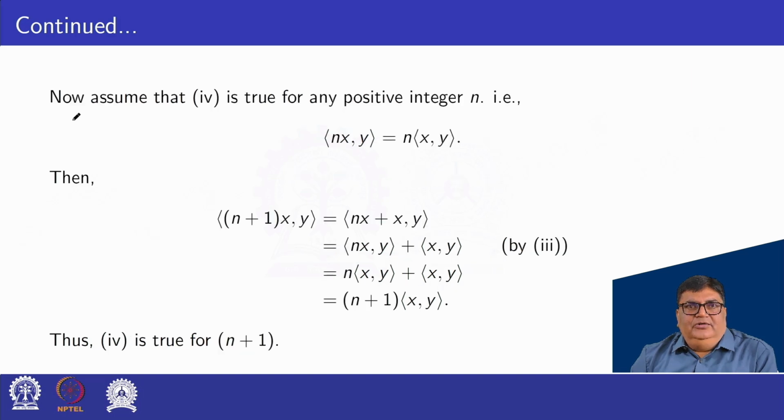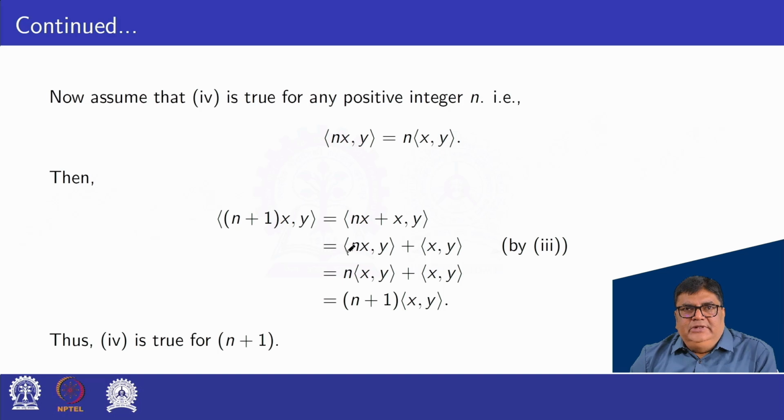Okay. Now assume that the fourth condition is true for any positive integer n, that is inner product of (nx, y) equals n into inner product of (x, y). Then inner product of ((n plus 1)x, y) equals inner product of (nx plus x, y). Okay, so by the third property of inner product, this can be written as inner product of (nx, y) plus inner product of (x, y).